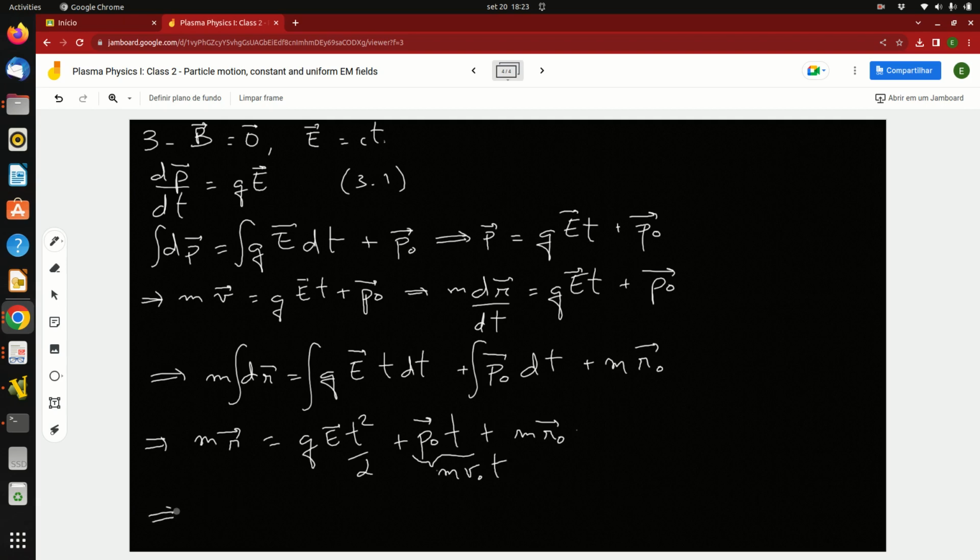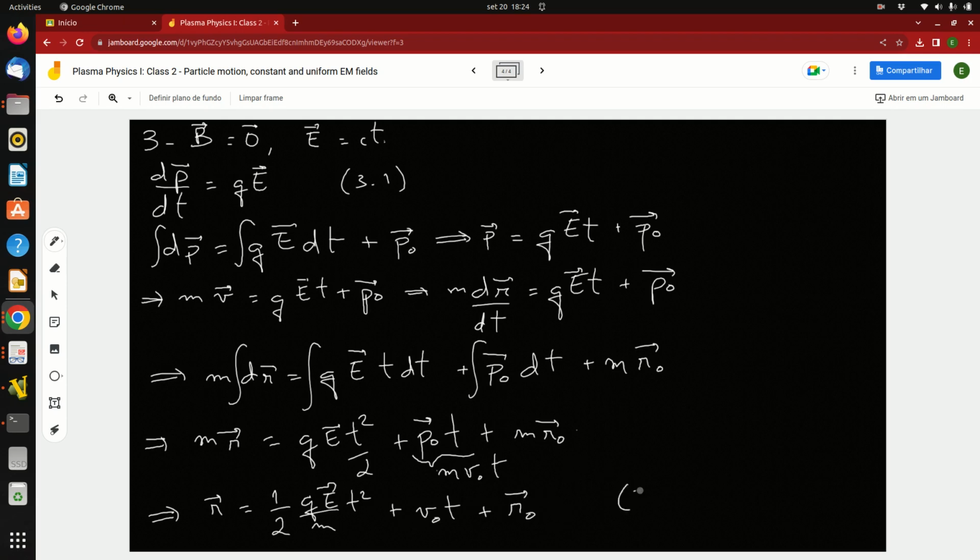So we can rewrite this equation like this, dividing by mass. R is equal to 1 over 2 QE over m t squared plus V0 t plus R0.